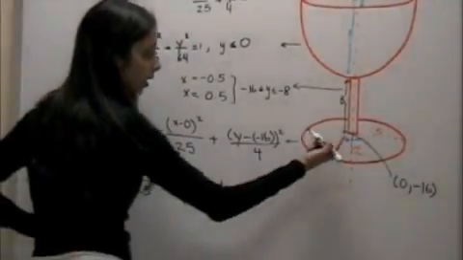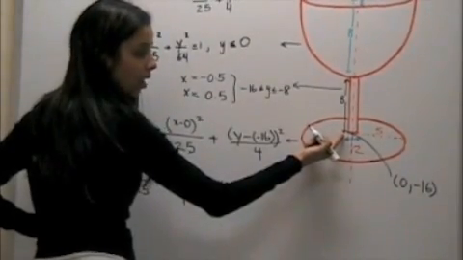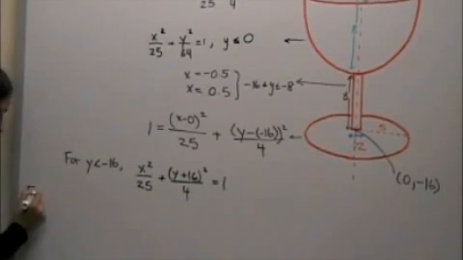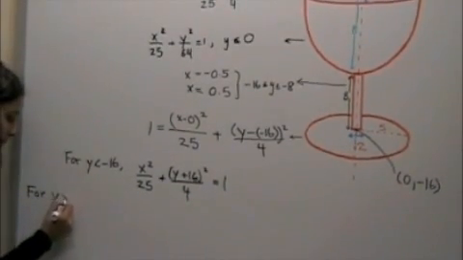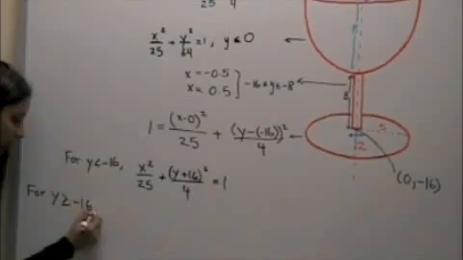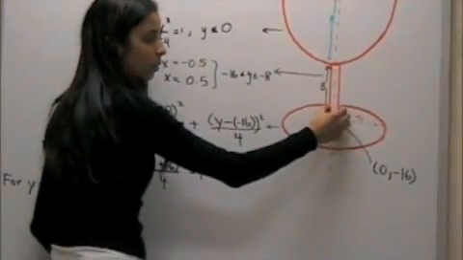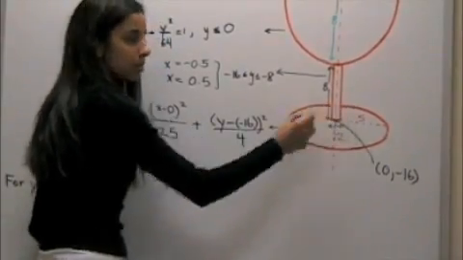Now let us consider what happens when y is bigger than minus 16. For y greater than or equal to minus 16, we also have to place further restrictions because we don't want to draw the ellipse between these regions.